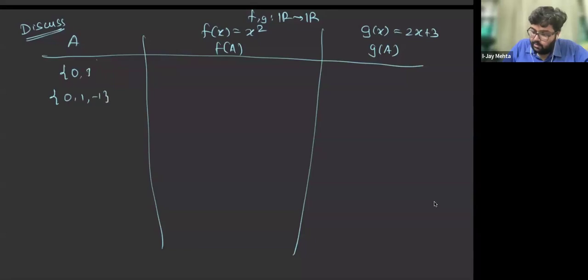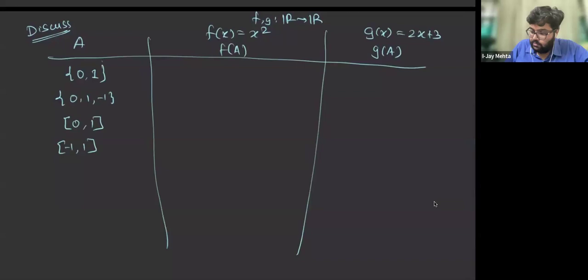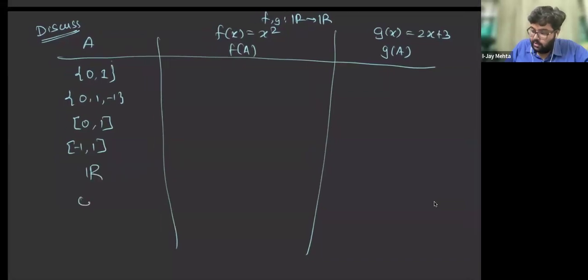Here you can keep 0. Already done f of A. And then take the interval 0, 1, minus 1, 1. Take R. Take the empty set.